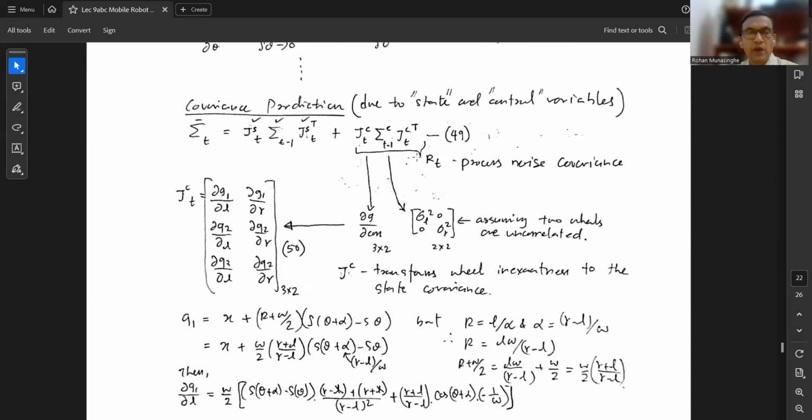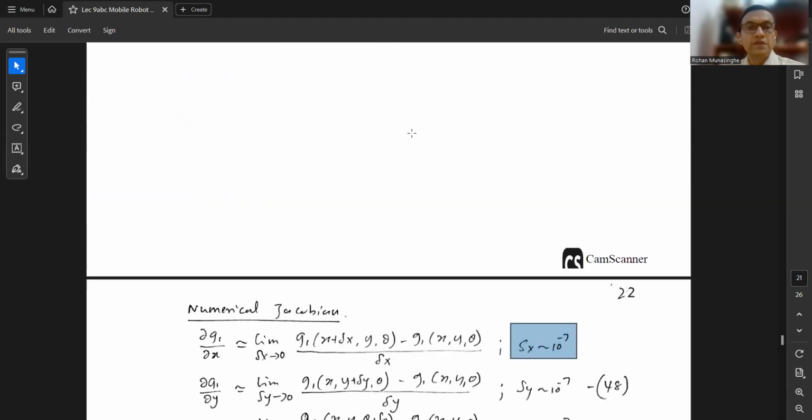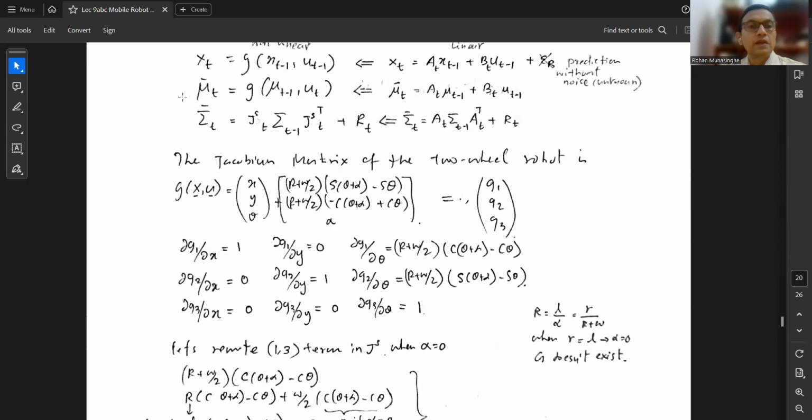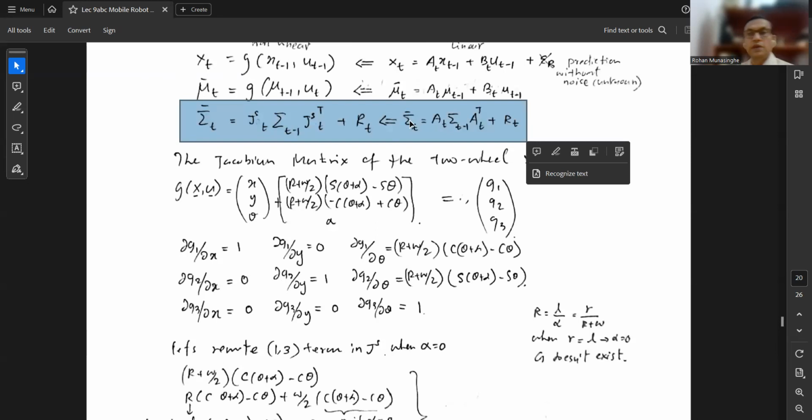So where do we get this Jacobian into our localization process? Well, you have already seen, it's over here, the error covariance. So that needs the state Jacobian, as well as this RT. In fact, this RT is the error coming from the model.